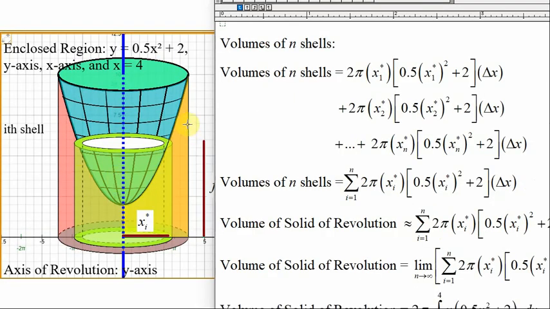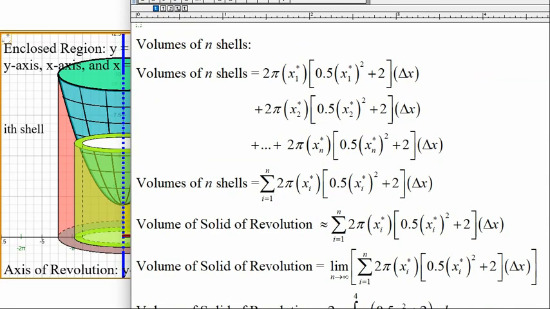Now, if we divide this solid of revolution right here into n shells, then the volumes of the n shells would look like this. This is the volume of shell number 1, volume of shell number 2, and then this is the volume of the nth shell.